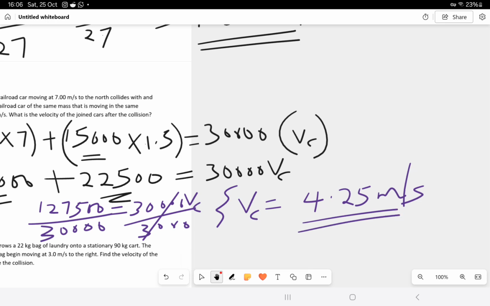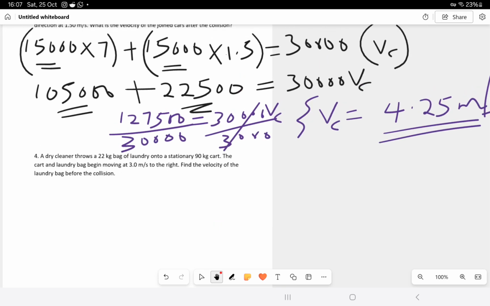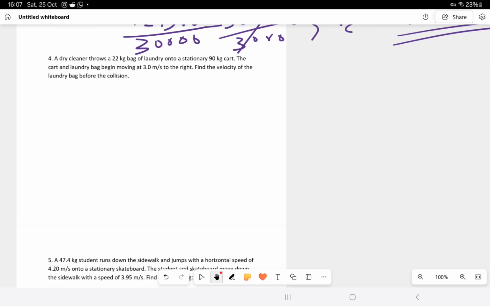Good. Let's go to the next one. Very easy. A dry cleaner throws a 22 kg bag of laundry onto a stationary cart. Please take note of this question, it's very important. M1 is 22 kg, onto a stationary cart.